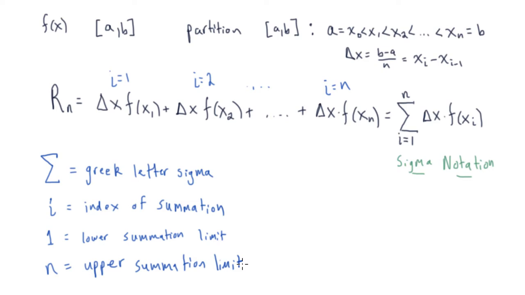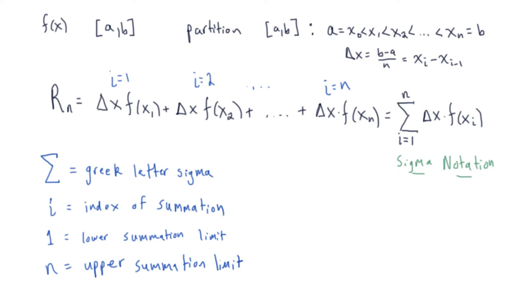And now the advantage of sigma notation is it allows you to express very simply the sum of a lot of numbers. Okay, and that's exactly what we're doing when we're finding the area under a curve. We're having to add up the area of a lot of small little rectangles, and so sigma notation allows us to do that in a very compact way.